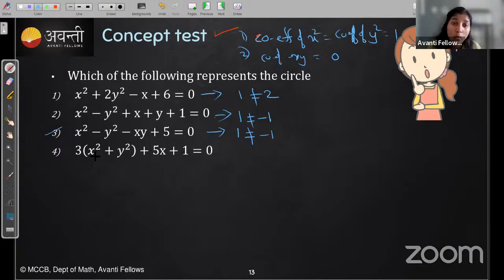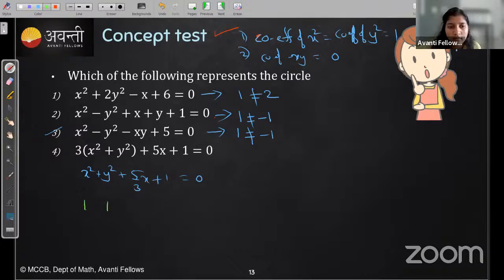So now what is happening here? Here we have a coefficient of x square and y square as other than 1, right? So what did I say previously? If it is other than 1, divide it by the number. So divide this equation by 3, you will get x square plus y square plus 5 by 3 x plus 1 equal to 0. Now tell me, what is the coefficient of x square and y square here?